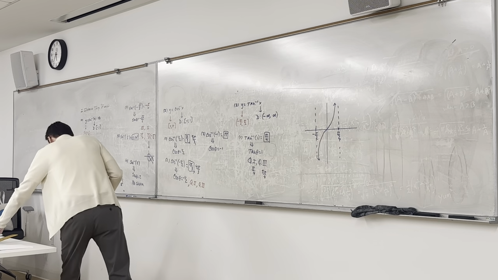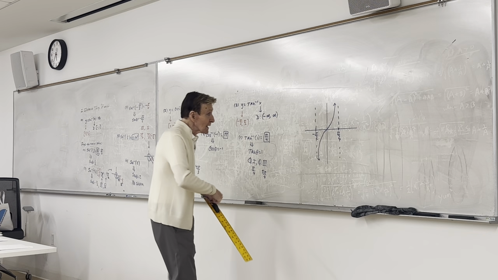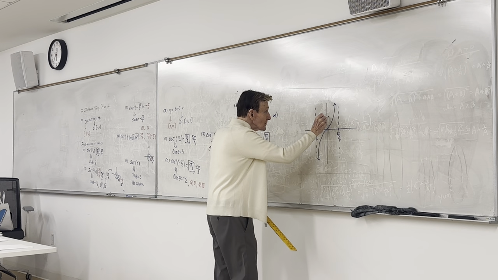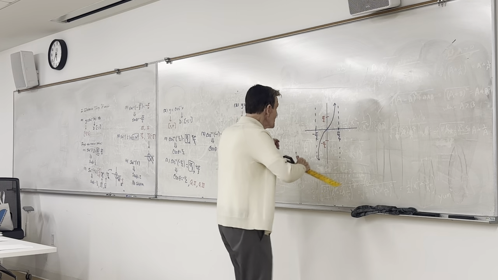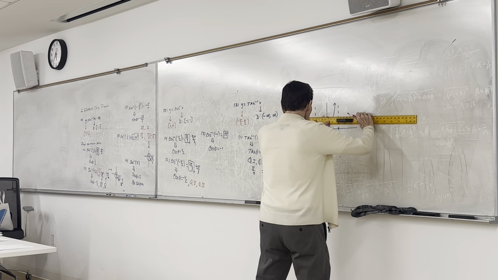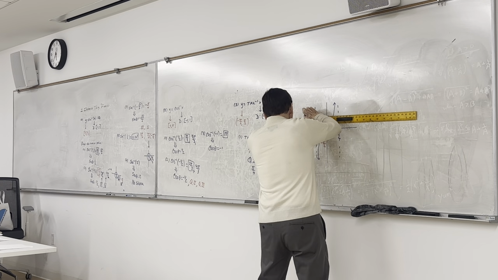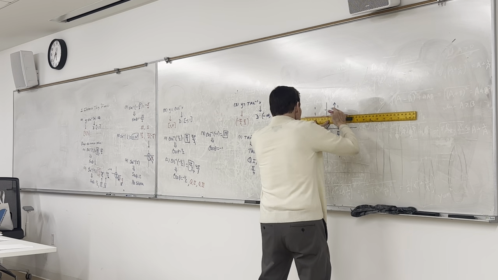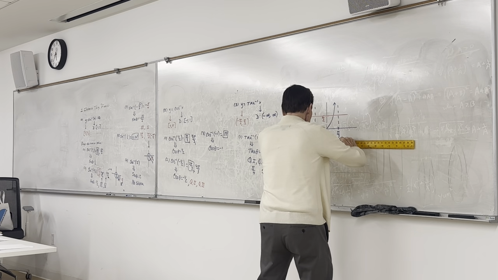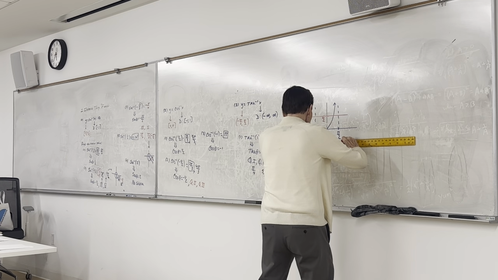If they want the inverse, then we'll go up to pi over 2 and drop down to negative pi over 2 and do as Samantha suggested, draw a horizontal asymptote here and a horizontal asymptote down here at negative pi over 2.